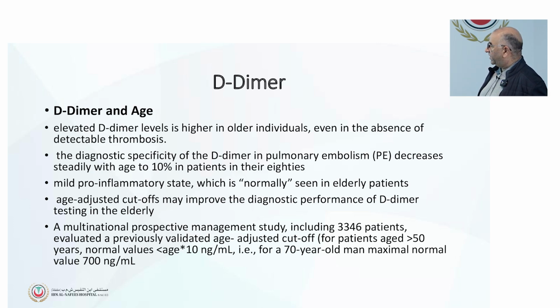Some validated studies use a factor of 10 nanograms per ml per year of age when you report the D-dimer. For example, if the cutoff is 500 and somebody came with possible PE, you multiply the age by 10. So, for example, at age 70, you report it as 700, age-adjusted D-dimer. So in the elderly, you have to be careful when you interpret the D-dimer level.